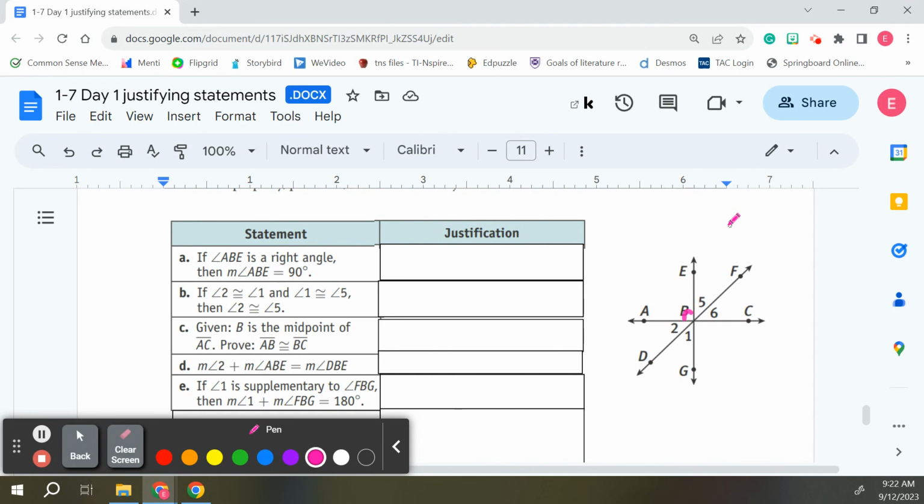No, so we're good there. What about a right angle property? Not really, right? So what does it have to be? We heard of a definition of a right angle? Yeah, we have. So in this case, I'm going to write down here the justification is the definition of a right angle.